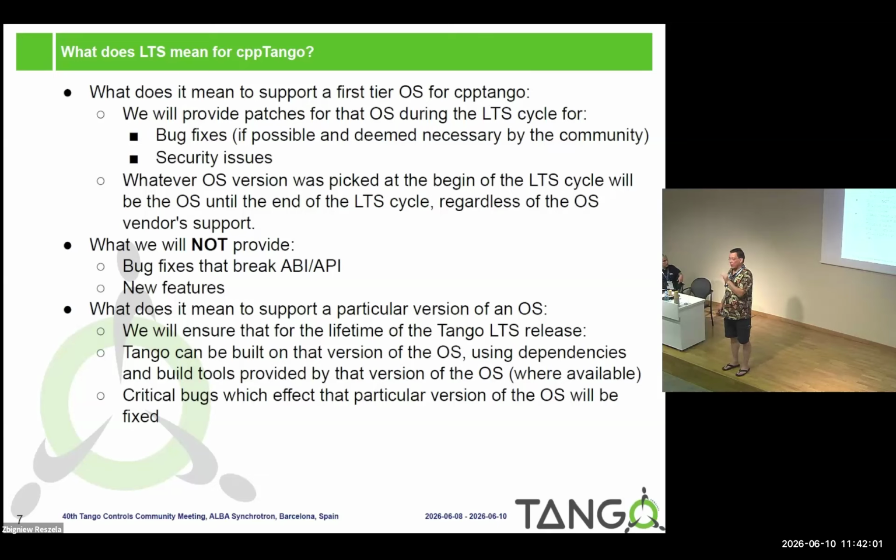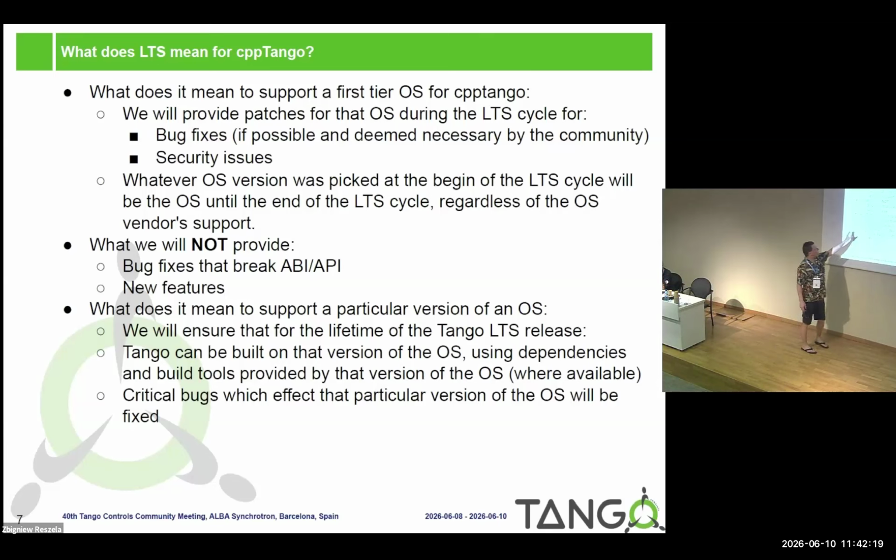Never. That's a guarantee. And we will also never put new features in LTS releases. As much as you ask or you bribe us or whatever you do, the answer is no. A firm no. Not going to happen.